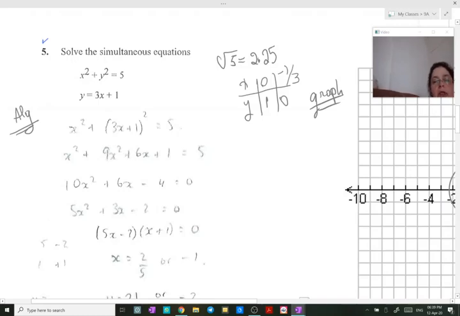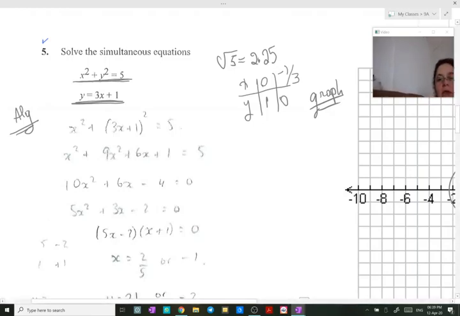x squared plus y squared equals 5. You know that this is the equation of a circle of center (0, 0), which is the origin of the coordinate plane, and y equals 3x plus 1 is the equation of the line. Then we need to solve them algebraically.